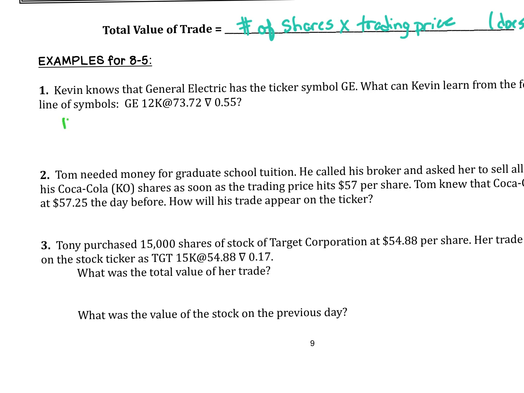So 12,000 GE shares were traded at the price of $73.72 per share.